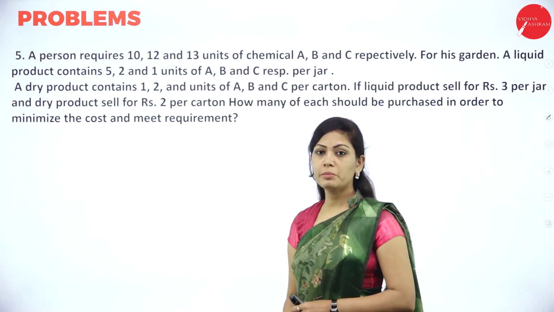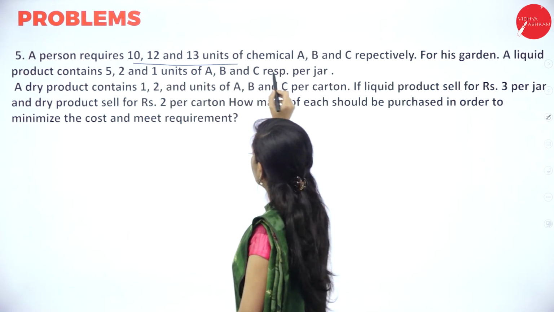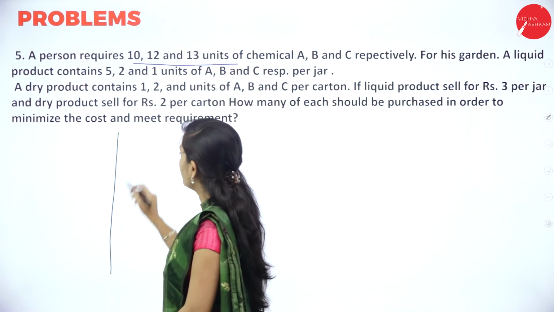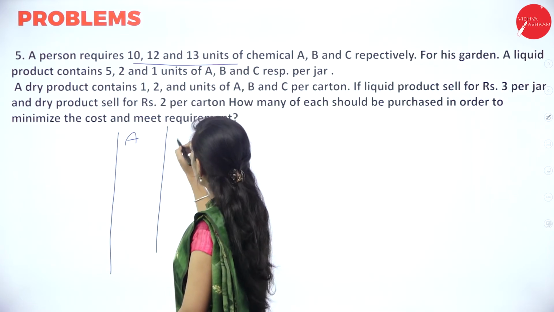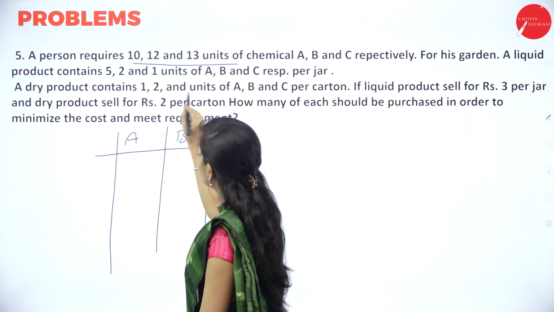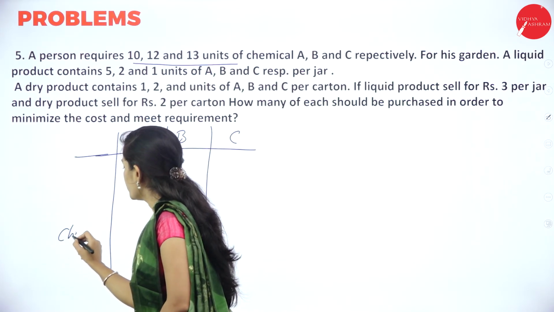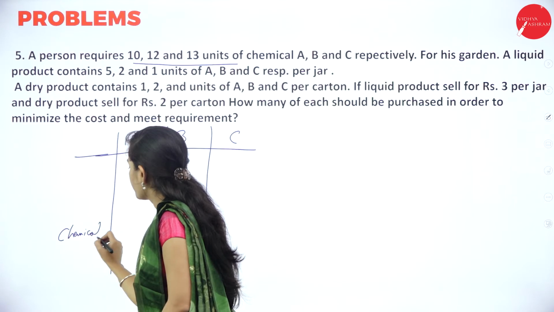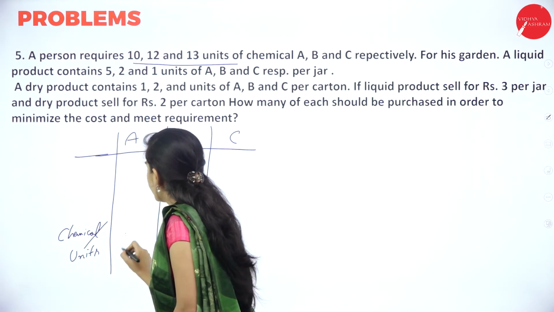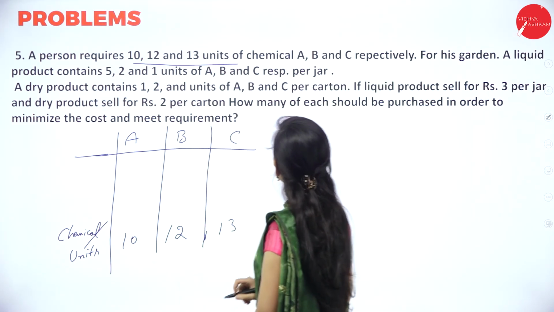The last problem in minimization: a person requires 10, 12, 13 units of chemical A, B, C respectively. So here we have 3 chemicals called A, B and C, requiring 10, 12 and 13 units.